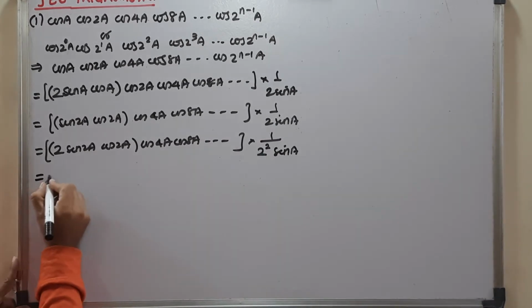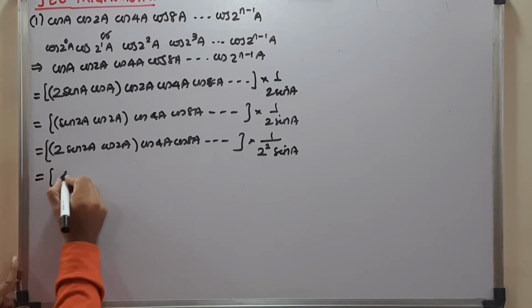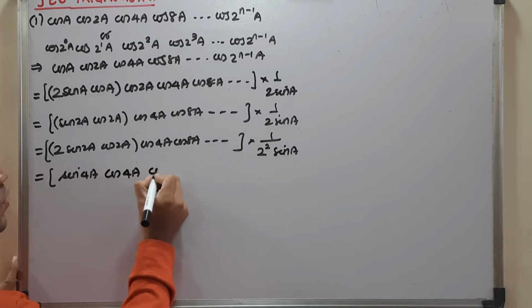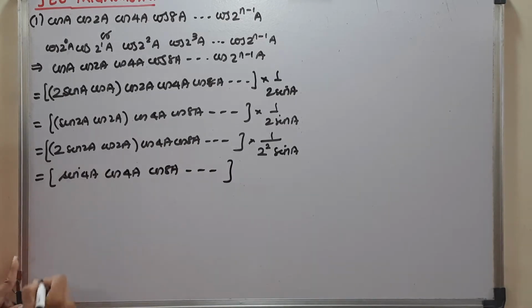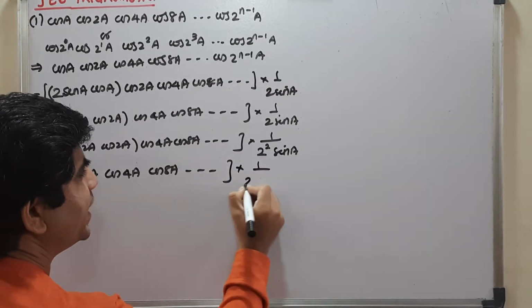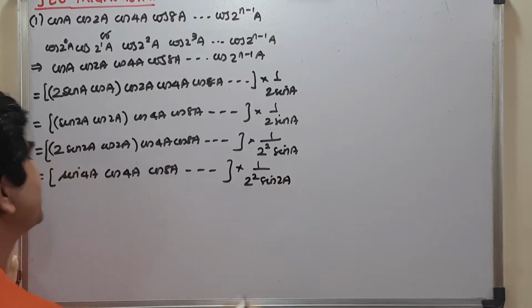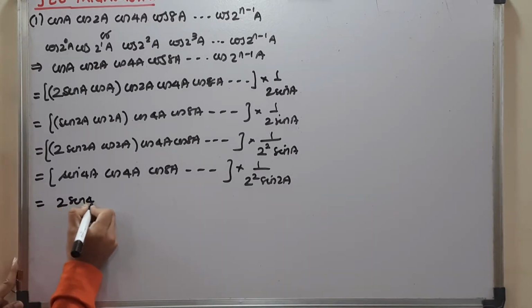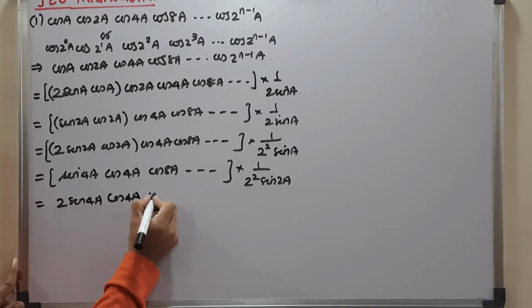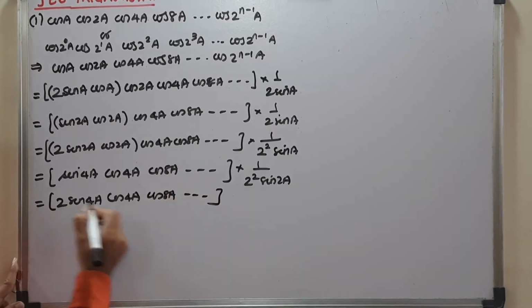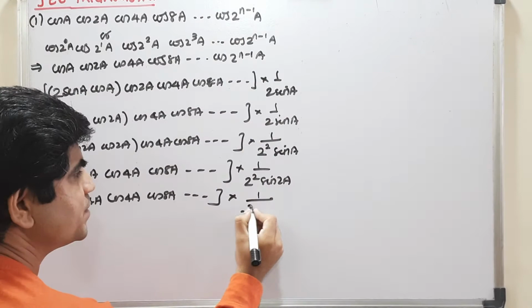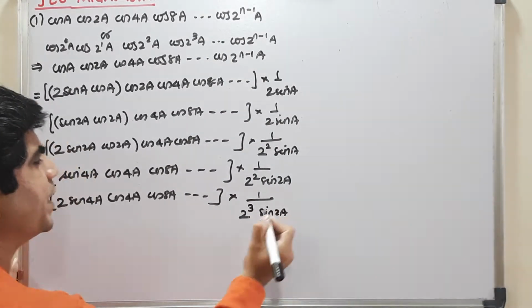Okay, so if I proceed like this, now I am going to get sin 4A into cos 4A, cos 8A and so on, and it becomes 1 by 2 square sin 2A. Again proceeding in this way, I will require 2 as the multiple and so on, into 1 by 2 square into 2 becomes 2 cube sin 2A.